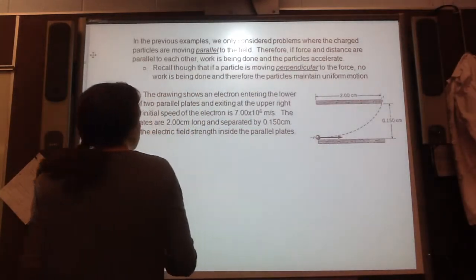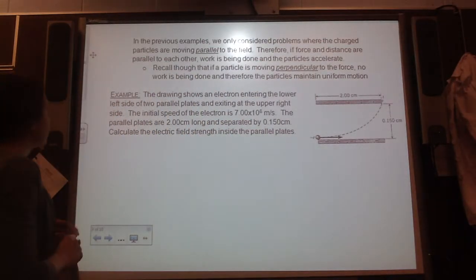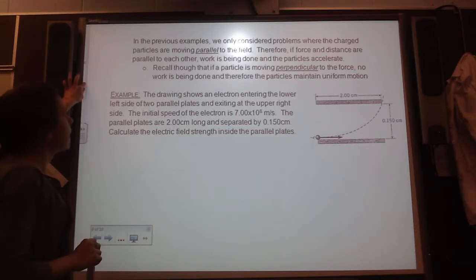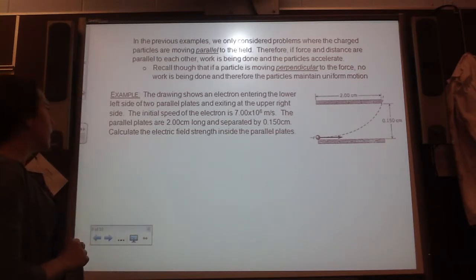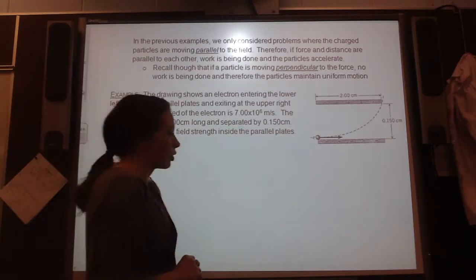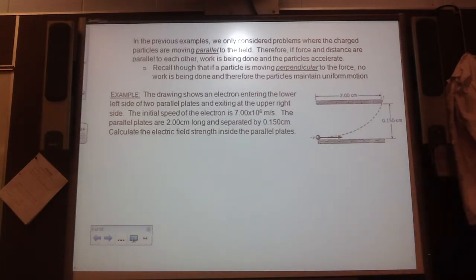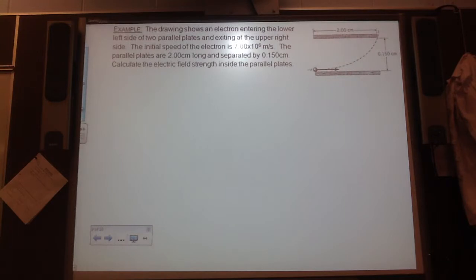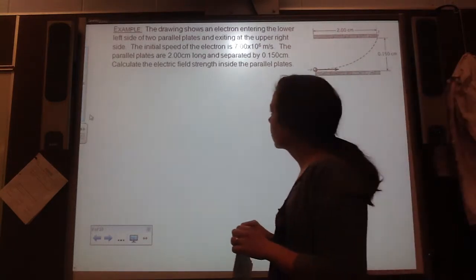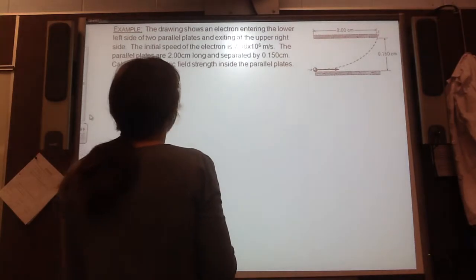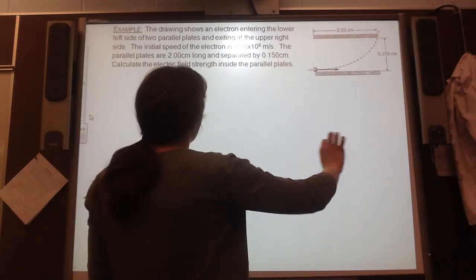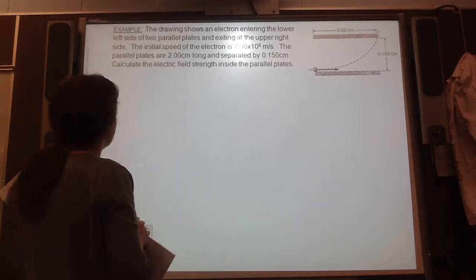Okay, so let's read this. The drawing shows an electron entering the lower left side of the two parallel plates and exiting at the upper right side. The initial speed of the electron, so that's our horizontal, because we know that our initial vertical is 0, is 7 times 10 to the 6 meters per second. The parallel plates are 2 centimeters long and separated by 0.15 centimeters.